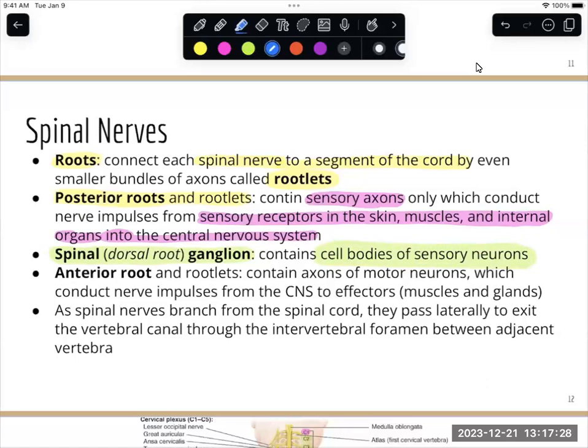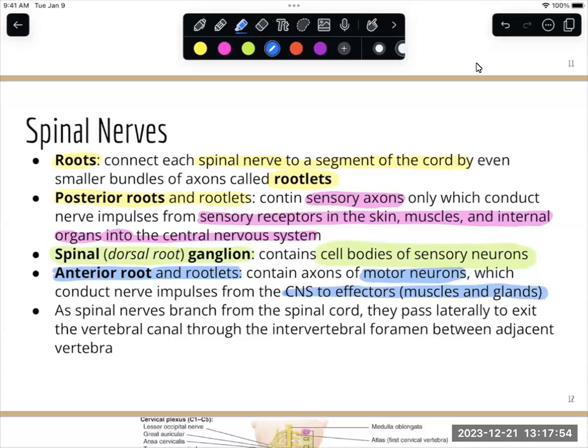Then we have our anterior roots and rootlets. This is motor neurons. So this is information going out. This is that information going from the brain to those muscles or glands.